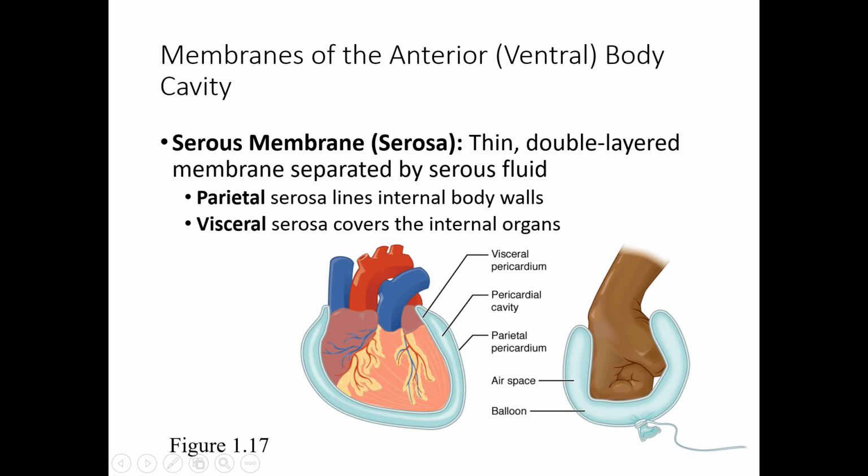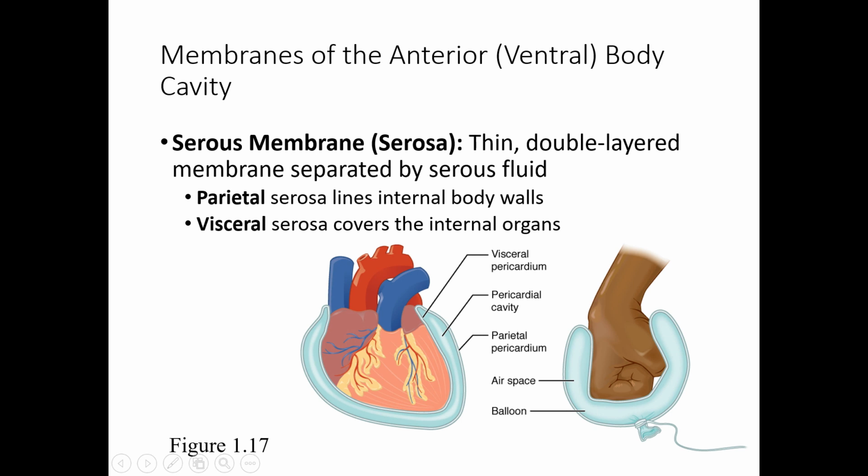One layer sitting very close to the organ will be called the visceral portion. Here it is. The other layer, sitting outside, will be called the parietal portion or parietal serosa. Between them, there will be a cavity.